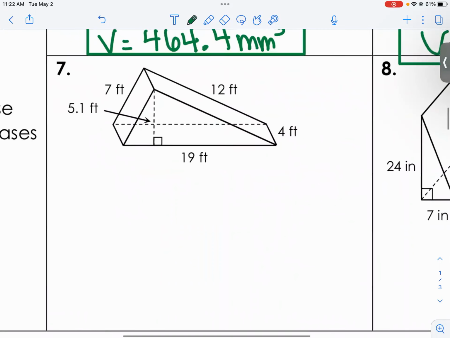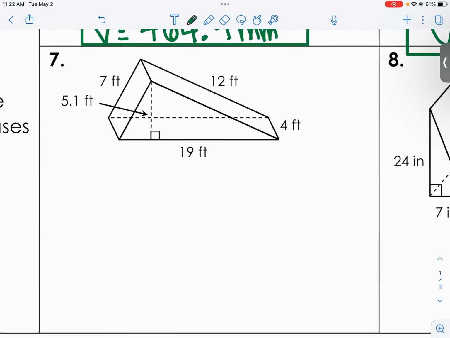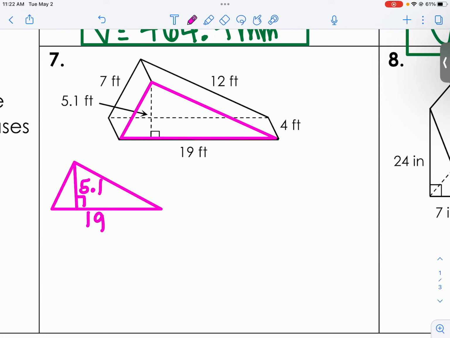It's 7, right? Okay, let me draw your attention to the board because we have a little bit of confusion about what's the height of the prism. First of all, it's not just you. I am going to highlight the triangle. I really like this problem because the triangle is really obvious. On this triangle, we have a height of 5.1 and our base is 19.